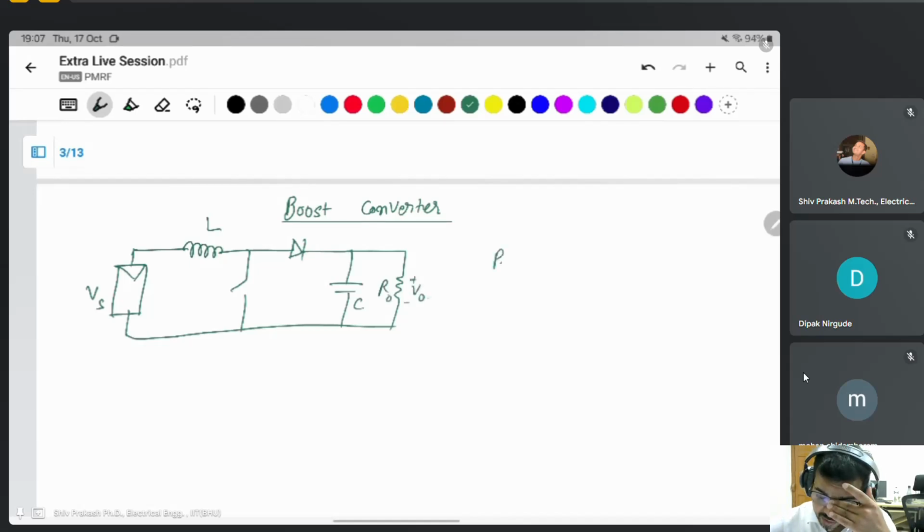Same thing you can do. V output I output is equal to Vs Is.